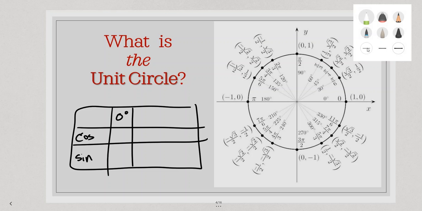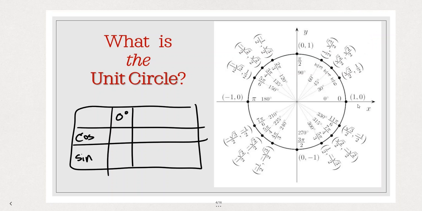What I know from the unit circle is that the cosine of 0 degrees is 1. The sine of 0 degrees is 0. If I wanted 30 degrees, the cosine of 30 degrees is square root of 3 over 2, and the sine is 1/2.